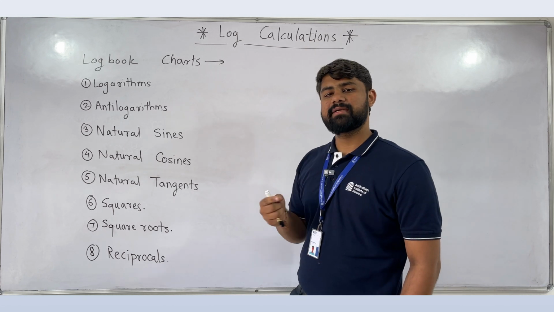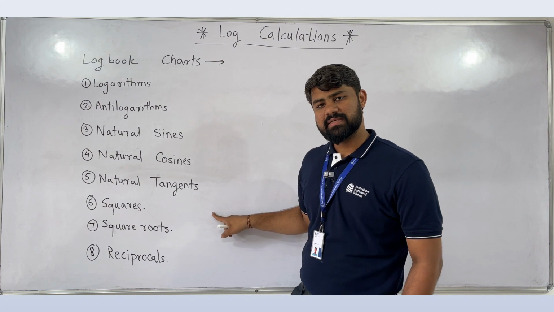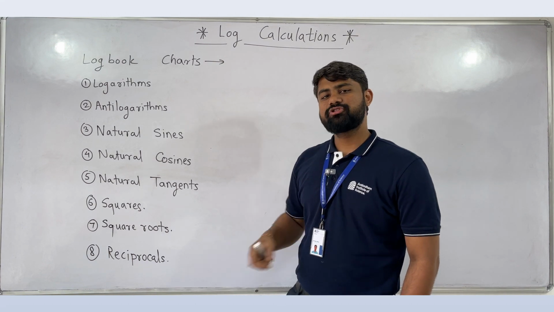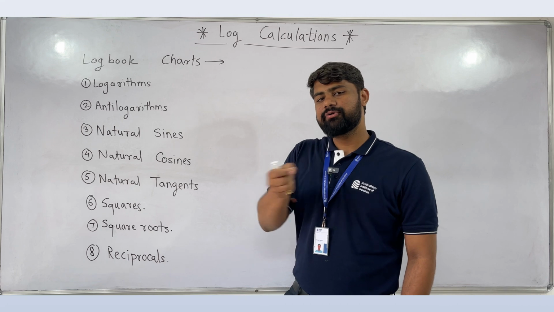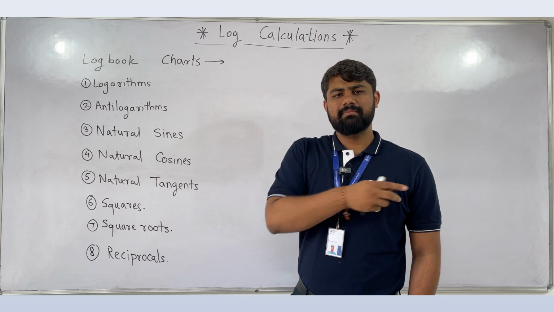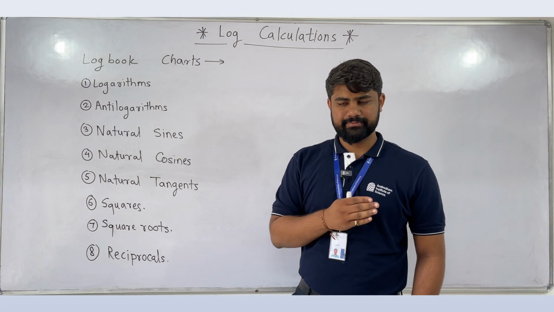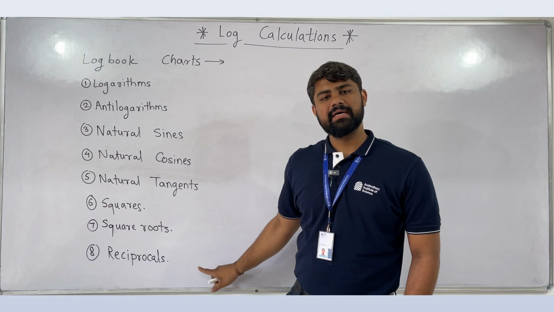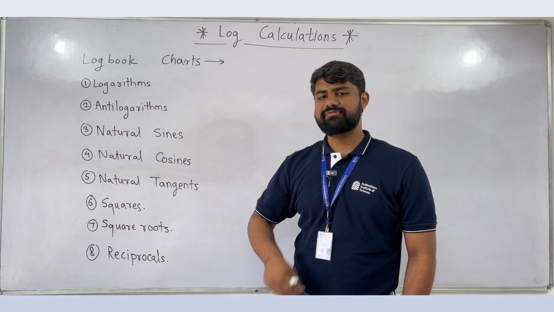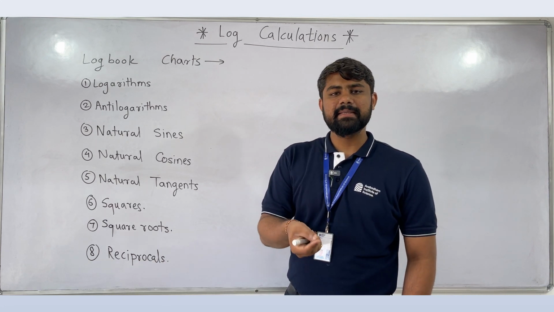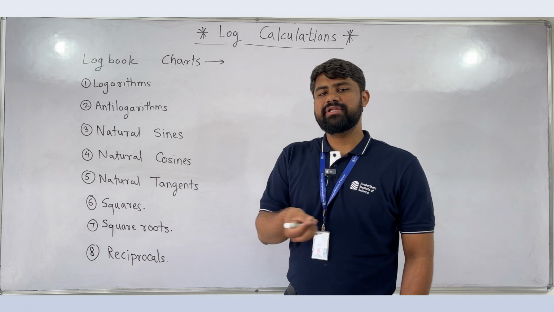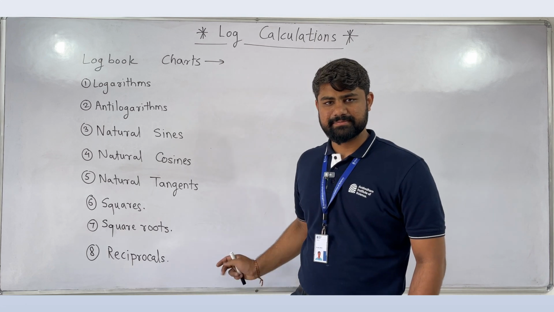After logarithmic tangents we get squares, then we get square roots. We actually have 2 charts of square roots, from 1 to 10 and 10 to 100, but those 2 are used together. After square roots we get reciprocals. After reciprocals we have 1 more chart of powers, but that one is not used as much as the others.